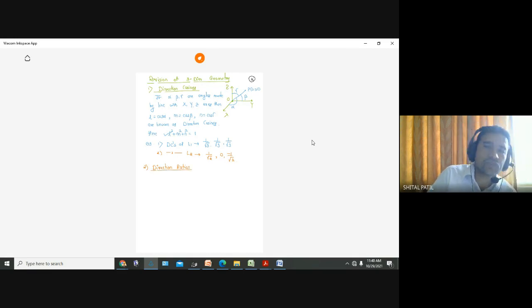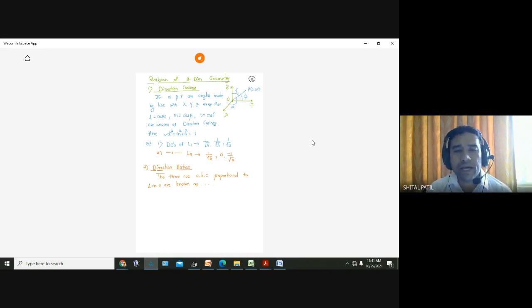Direction ratios. The three numbers proportional to L, M, N are known as direction ratios.